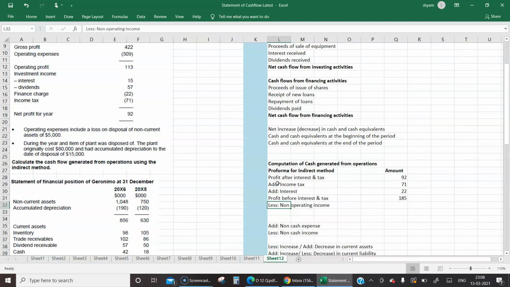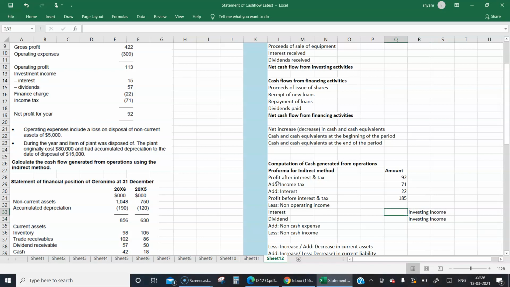Non-operating income is two things there: one is interest and the other one is dividend. We'll show this interest income and dividend income under an investing income heading, so that's why we are not considering them here.